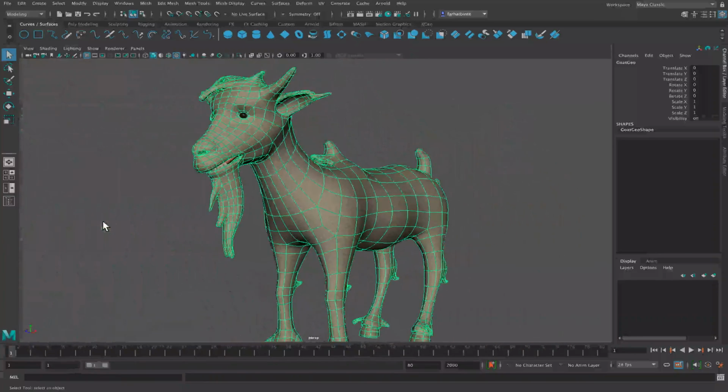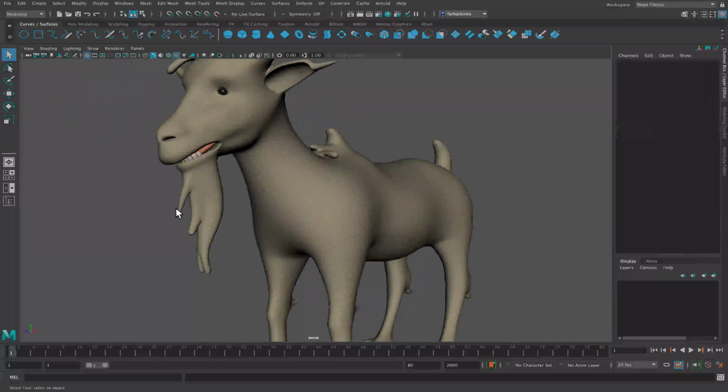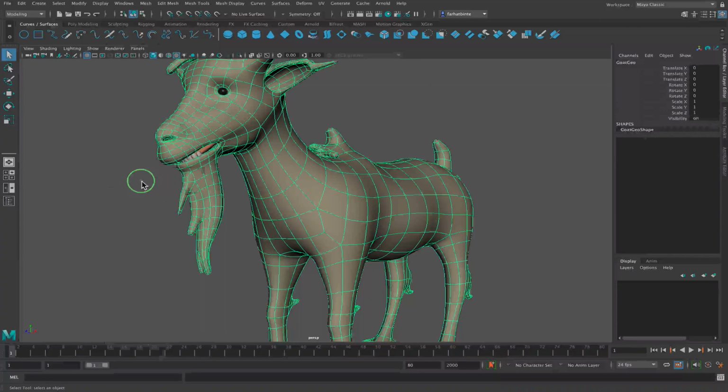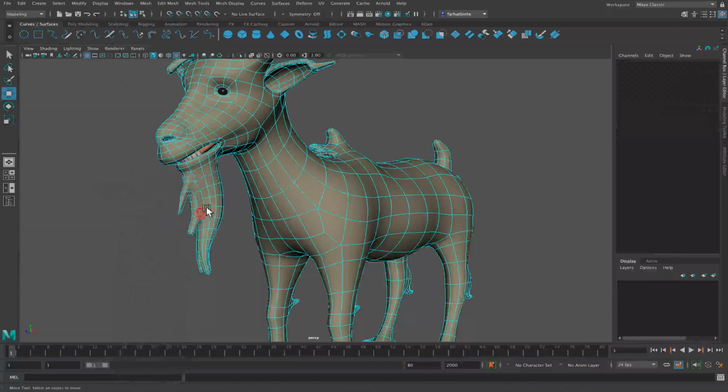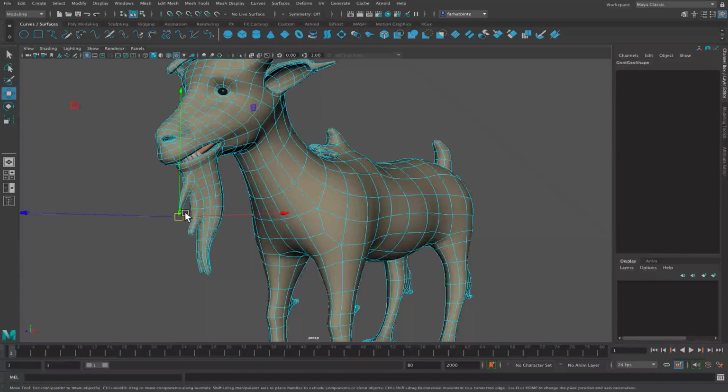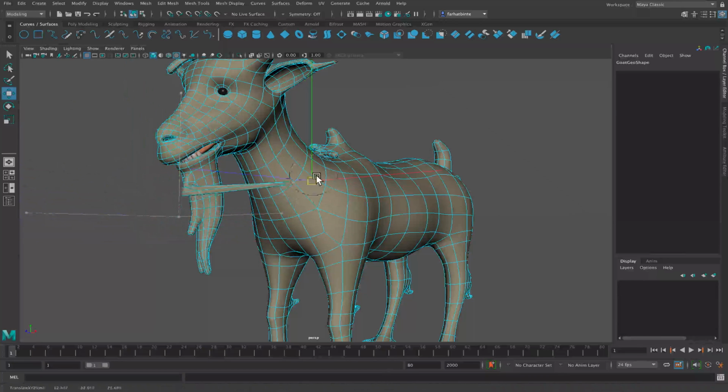You can choose any surface here, any type of surface, and if you move it, it only affects the shape locally.